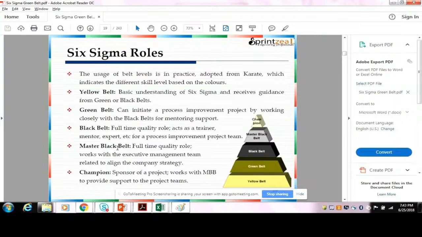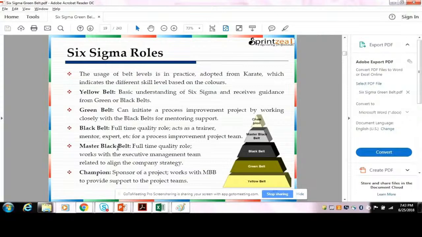So in your organization, do we have specified roles of Six Sigma? Do we have a Six Sigma team or certain black belts or green belts deployed in the organization? I believe we have. I know we have some black belts, but I'm not sure how many master black belts we would have in the organization itself because it's so big.